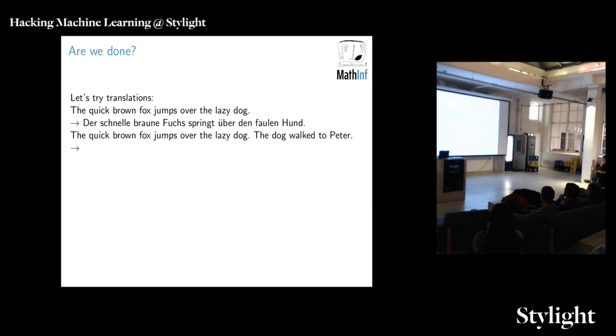Anyone? No one? Ines probably knows because she's seen all the things. Well, what happens is that it translates to der schnelle braune Fuchs springt über den faulen Hund and nothing more. And the reason is that the model was trained to translate one sentence at a time, and when it sees the end of a sentence, it says, well, yeah, I'm going home.